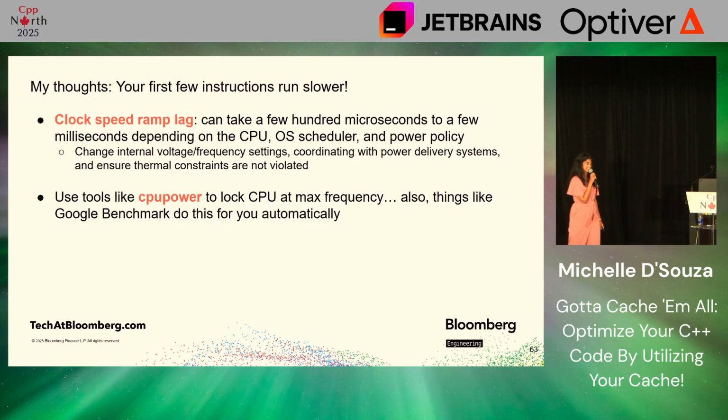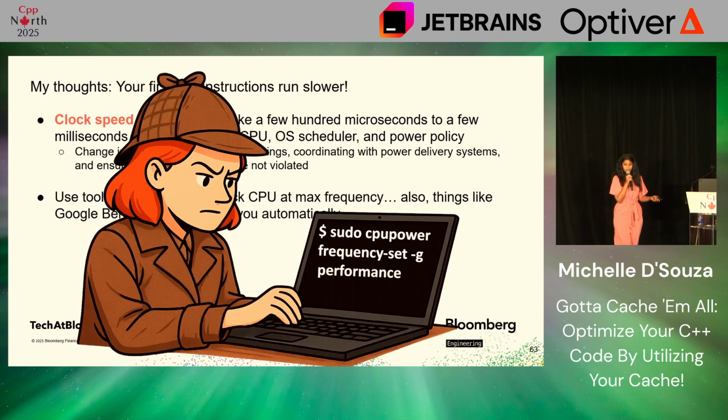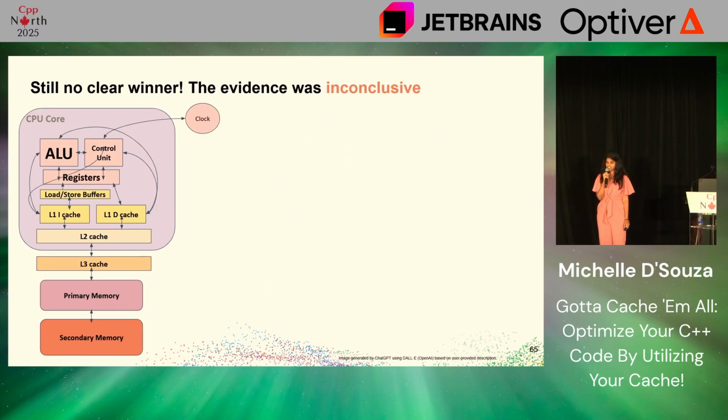And I learned my lesson, I guess. Nah, not really. But yeah, so what I did was I used CPU power. I set the frequency to max frequency. And then there was still no clear winner. The evidence was inconclusive. Sometimes A was faster, sometimes B was faster.